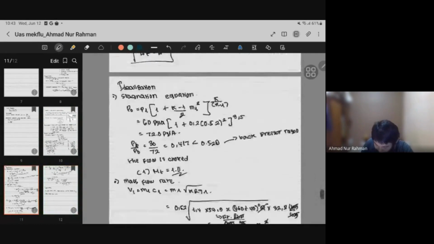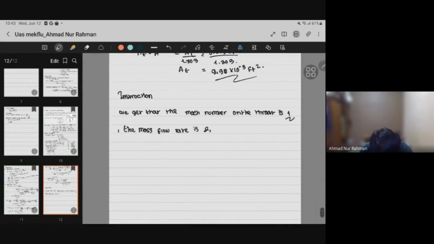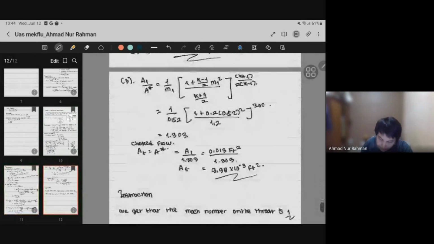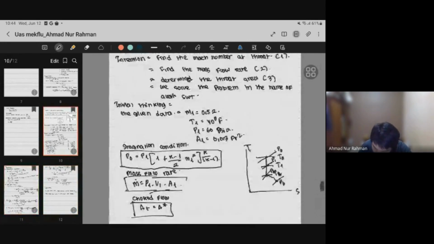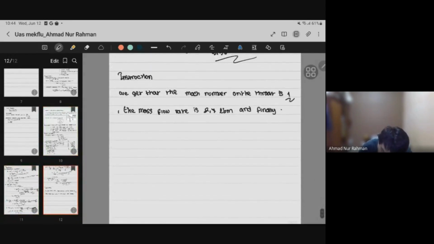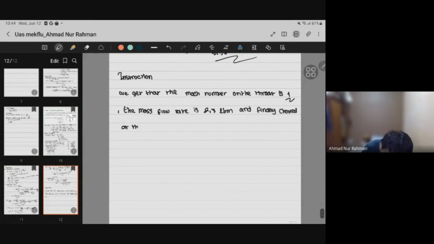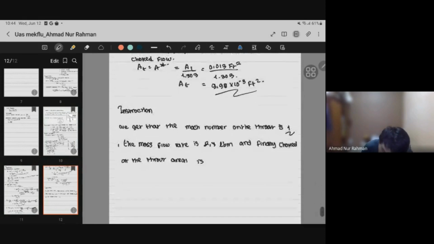The mass flow rate is 2.4 lbm per second. And finally, the choked throat area is 9.98 times 10 to the minus 3 feet squared.